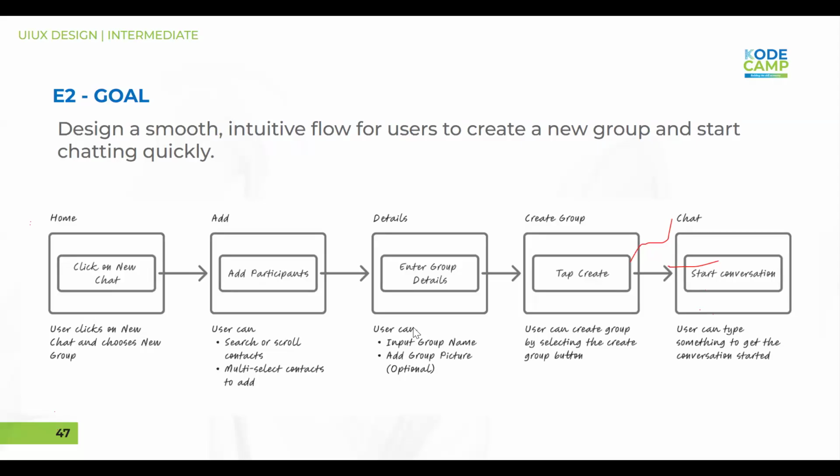But so that users will not be overwhelmed, we made adding a group picture optional. By the time I want to create this group, I may not be ready. It was urgent, so that I don't just go to my gallery, pick a random image and put it there. That is why we made the group picture optional.